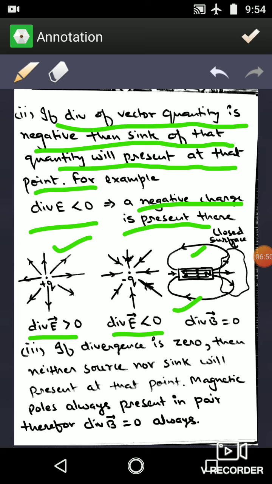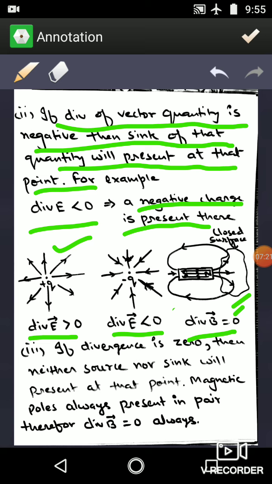Therefore, magnetic field lines are closed curves. If we take a closed surface in magnetic field, then field lines entering this closed surface will be equivalent to field lines exiting from this surface. Therefore, divergence of magnetic field is always equal to 0.